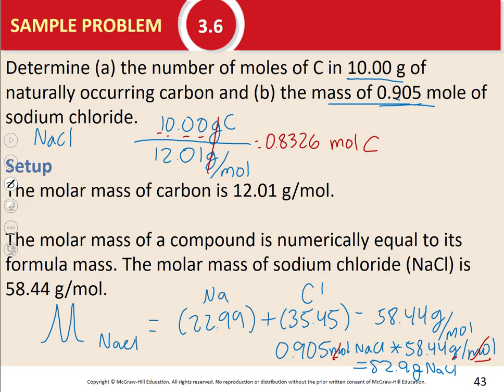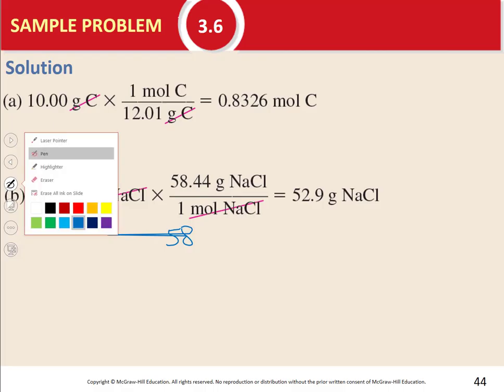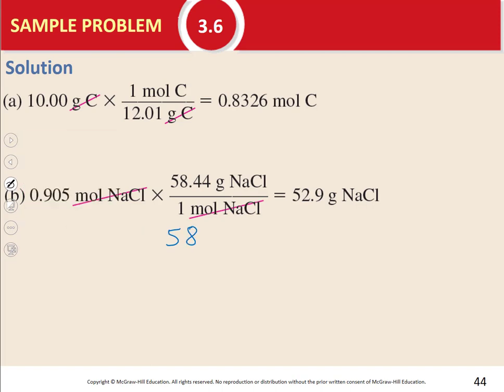So when you're looking at their worked out work here, when they write in molar mass, instead of writing that the molar mass is 58.44 grams per mole, they took this and dragged it all the way across and said per 1 mole.